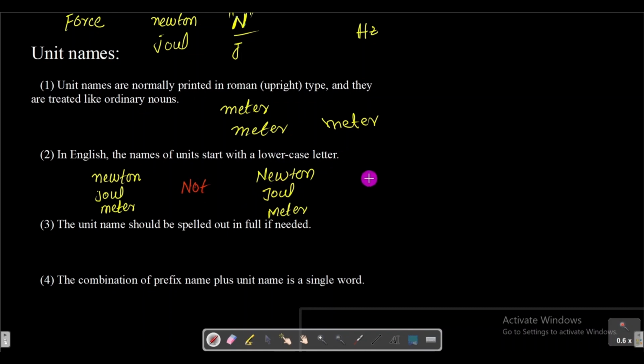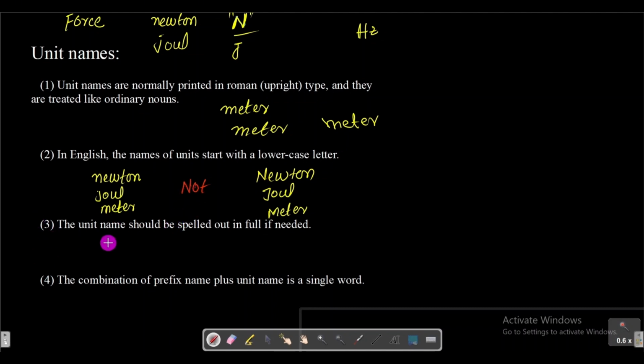And here is the exception. The exception is only when the unit name starts the sentence. In that case, we will start the unit name with an uppercase letter. And the second exception is for the title. If the unit name is present in the title, we will start that unit name with a capital letter. So these two are the exceptions for this rule.